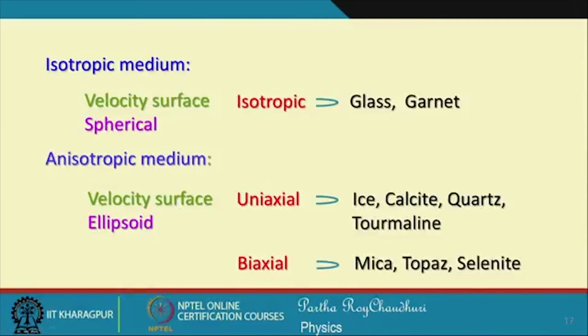We will discuss more about this ellipsoid in terms of the index ellipsoid in the later part of this section. For a uniaxial medium, the examples are ice, calcite, quartz, tourmaline, and these are very widely used in designing and configuring various optical instruments and devices. Biaxial medium examples are mica, topaz, selenite.